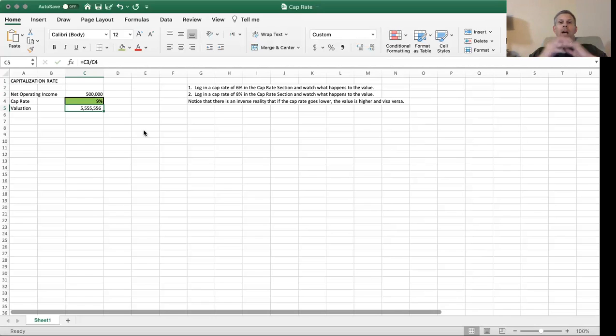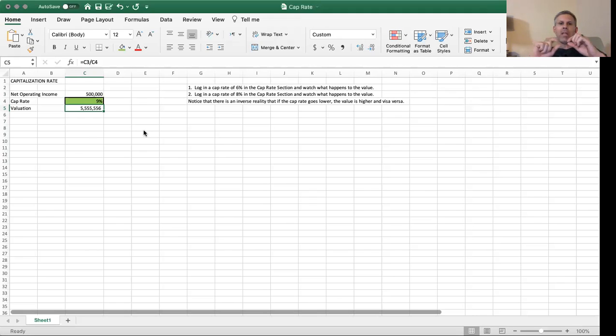And the reason why is because if you think about it logically, if I have a really quality, high tenant, good return with low risk, I'm probably not going to get the same return on my money than if I'm going into an area that's tougher and there's more risk to it. You're just going to get a higher return.